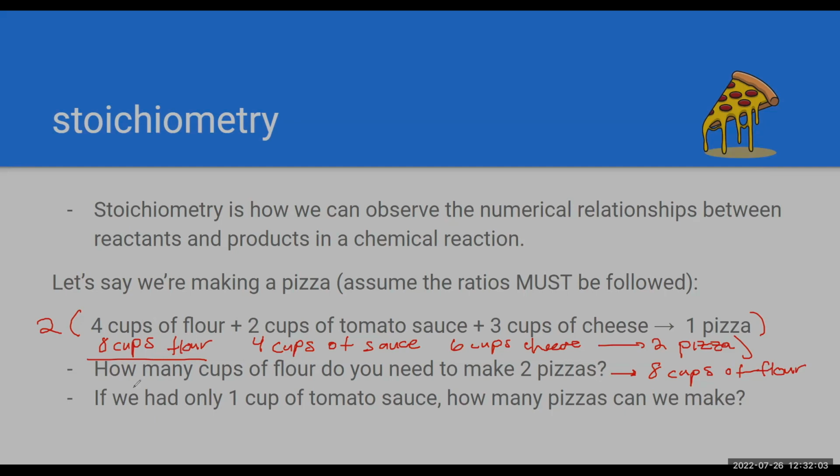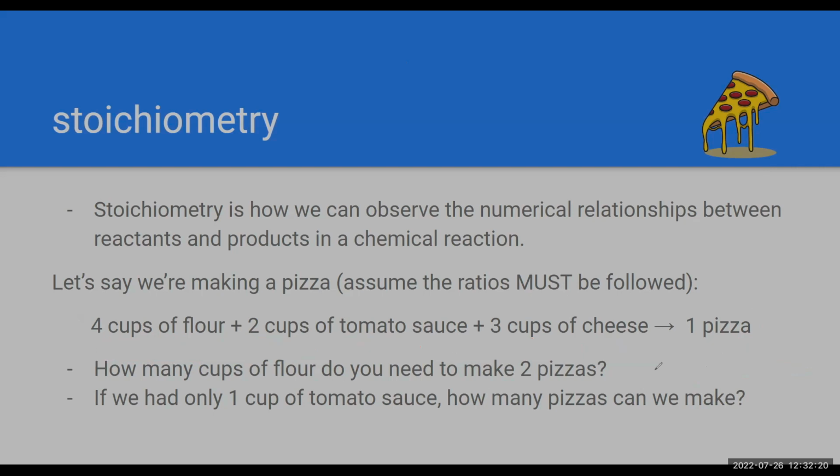And so this next part is, let's say we only had 1 cup of tomato sauce and assume that we can still make that pizza. How many pizzas can you make at most? Well, let's see. If I were to put 1 cup of tomato sauce, then we have half the amount of tomato sauce available.